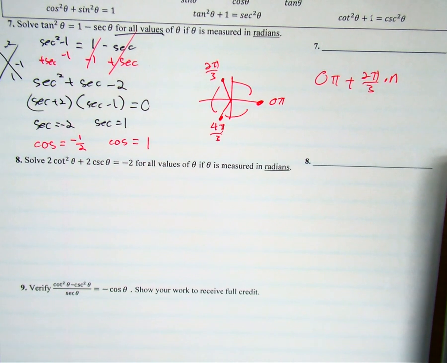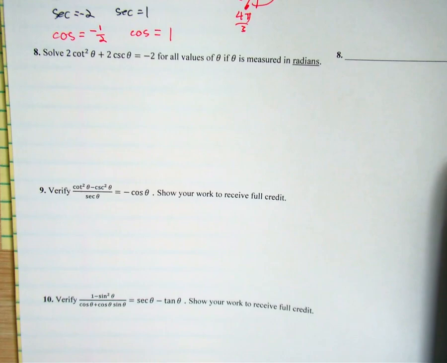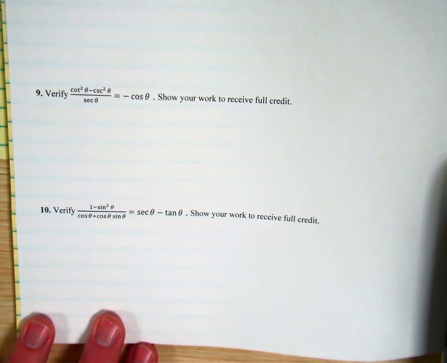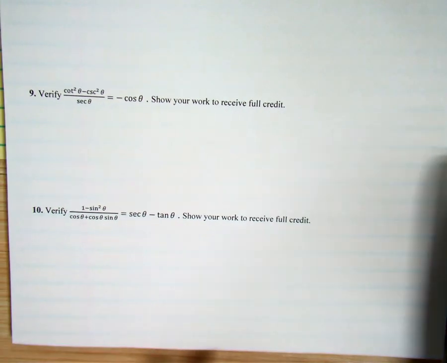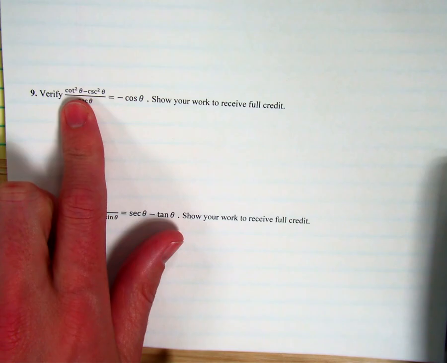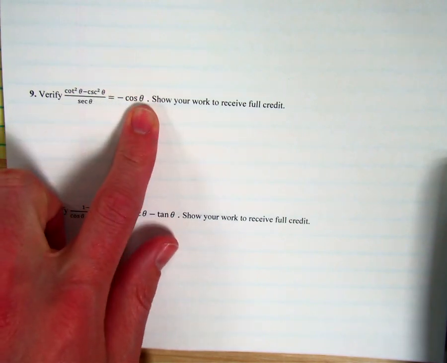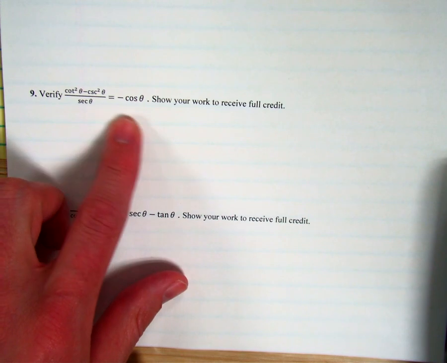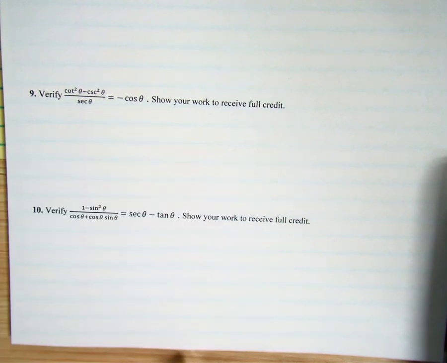Last one. Number 9. Cotangent squared minus cosecant squared over secant equals negative cosine. Now I know we're supposed to work the more complicated side to make it look like the easier side. Okay? Negative cosine. This is a tough one.